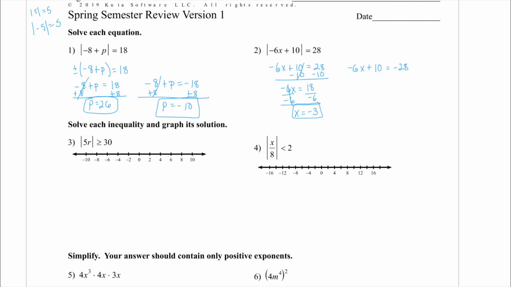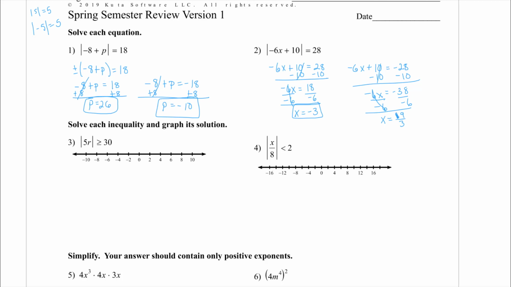And then I want to do the same thing here, so I subtract 10, but this time I get a -38. So I divide both sides by -6 and get x equals, well, the negatives will cancel out because a negative divided by a negative is a positive. 6 doesn't go into 38, but they are both divisible by 2, so I'm going to write this answer as 19/3.